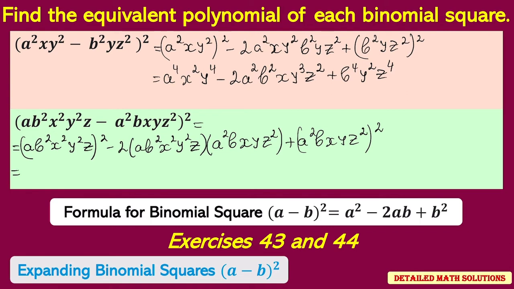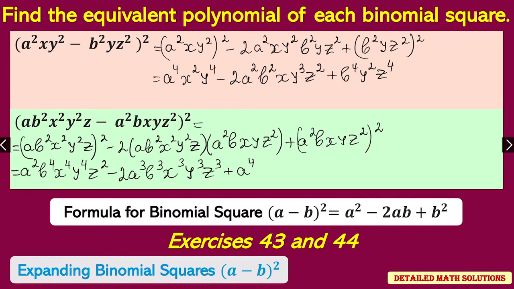When I simplify further, this equals a squared b to the fourth power x to the fourth power y to the fourth power z squared minus 2 times, then I have a cubed b cubed x cubed y cubed z cubed plus a to the fourth power b squared x squared y squared z to the fourth power.